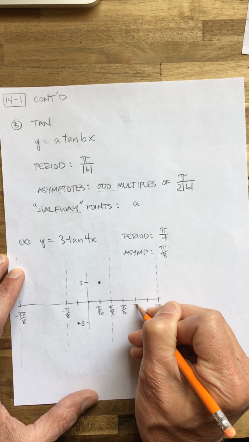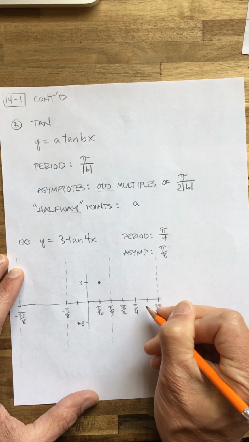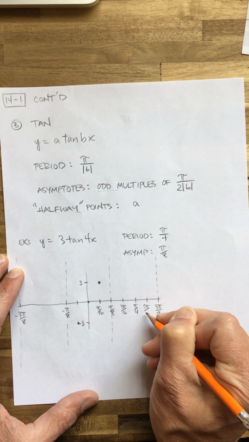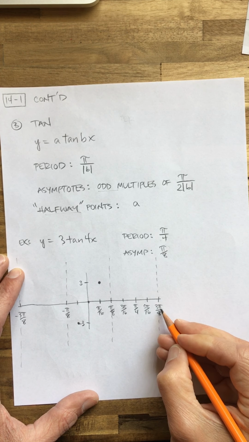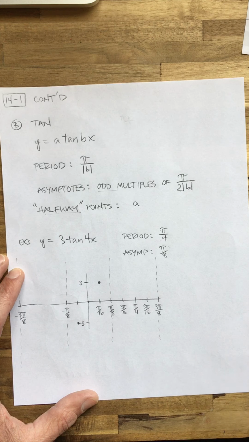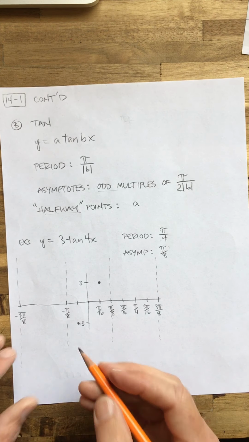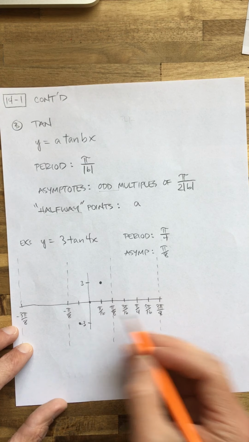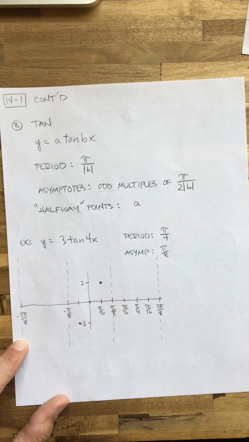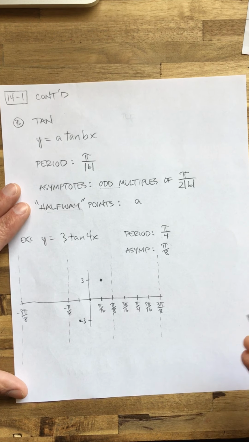Pi over 4. Okay. 5 pi over 16. 6 pi over 16. Doesn't 6 pi over 16 reduce to 3 pi over 8? So there's no mystery there. And then going backwards, you just copy all these guys in the negative direction. I'm not going to do that just to save time.